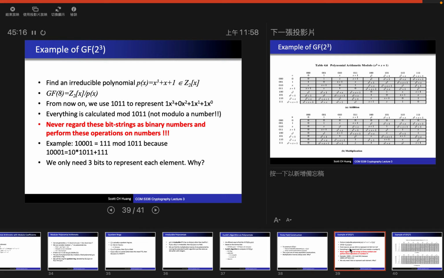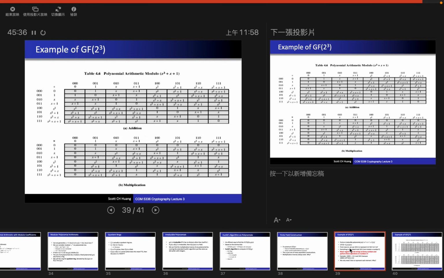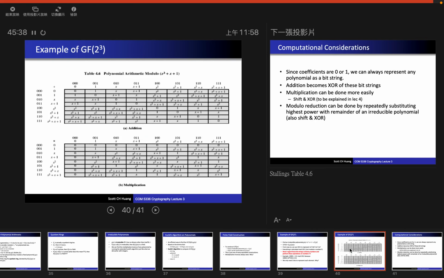And then we can limit the power of every polynomial to up to degree 2. So we only have 8 polynomials. Okay? So we can regard these bit strings as polynomials, and then we do these operations. And then let's take a look at the multiplication table. The addition table is no big deal.